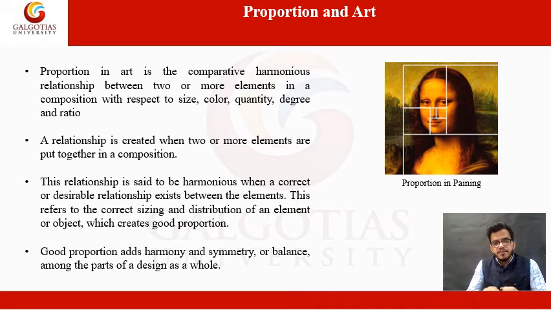This relationship is said to be harmonious when a correct and desirable relationship exists between the elements. This refers to the correct sizing and distribution of an element or object, which creates good proportion. A good proportion always adds harmony and symmetry or balance among the parts of a design or as a whole.